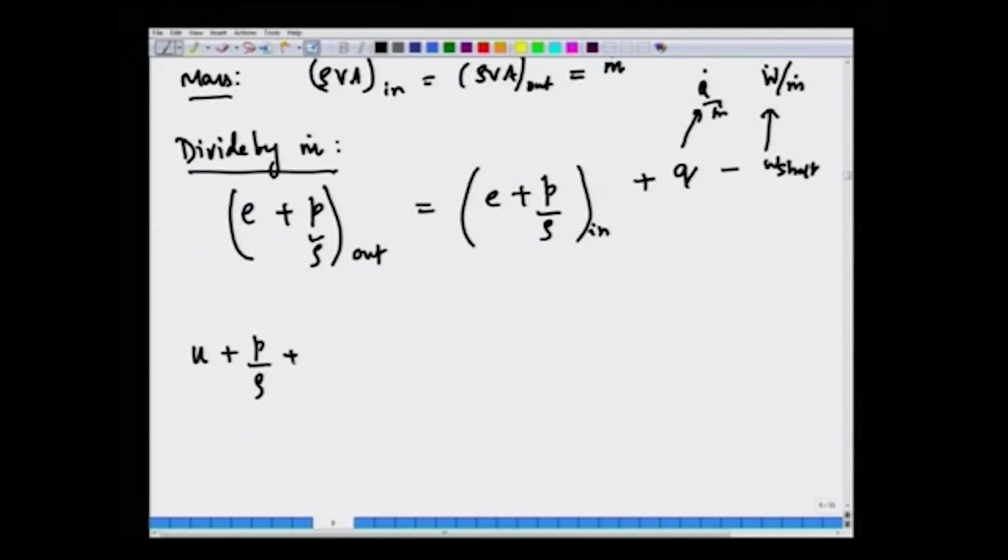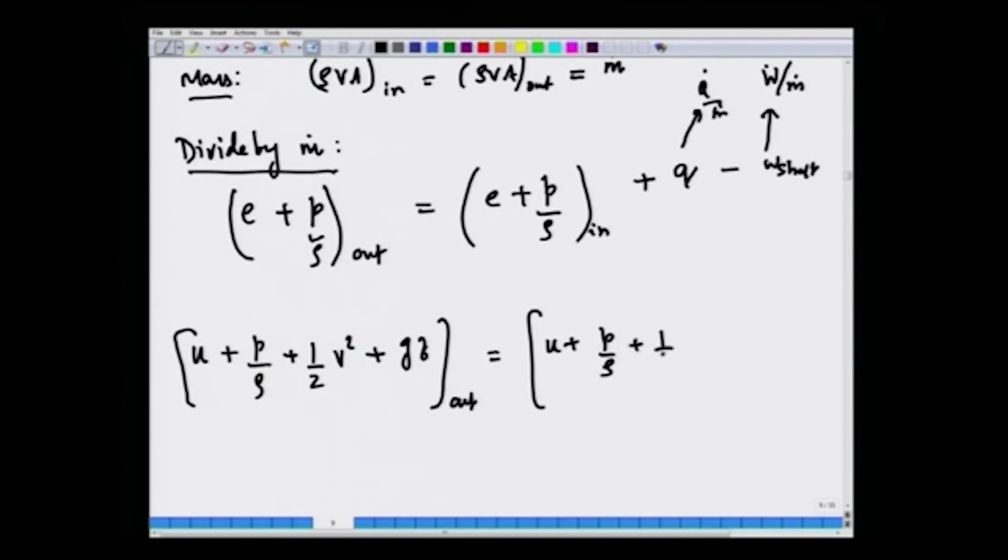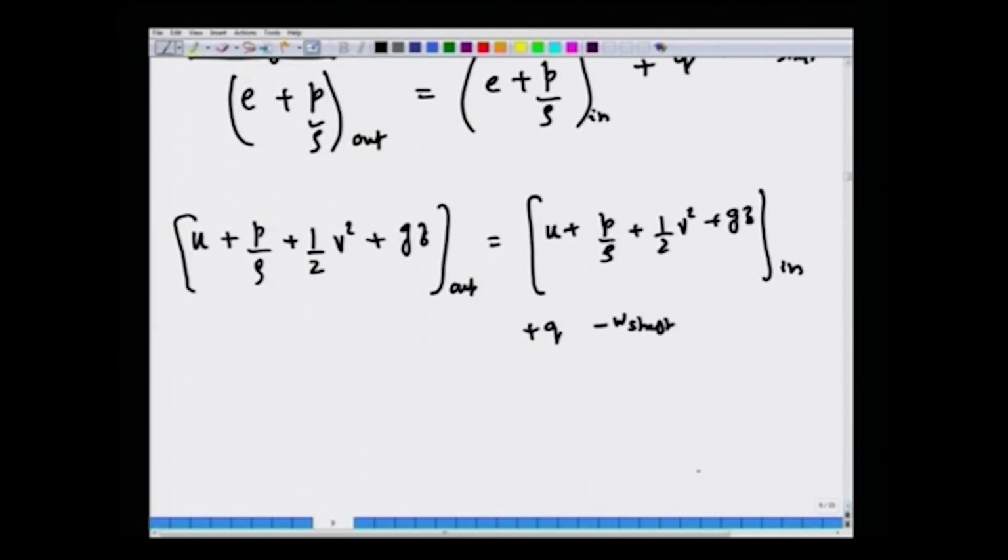So, once we have done that, now I am going to write E as u plus P by rho plus half V squared plus g z. At outlet, u plus p by rho plus half v square plus g z, is equal to the same at inlet plus q minus w shaft. Here q is heat into the control volume per unit mass.